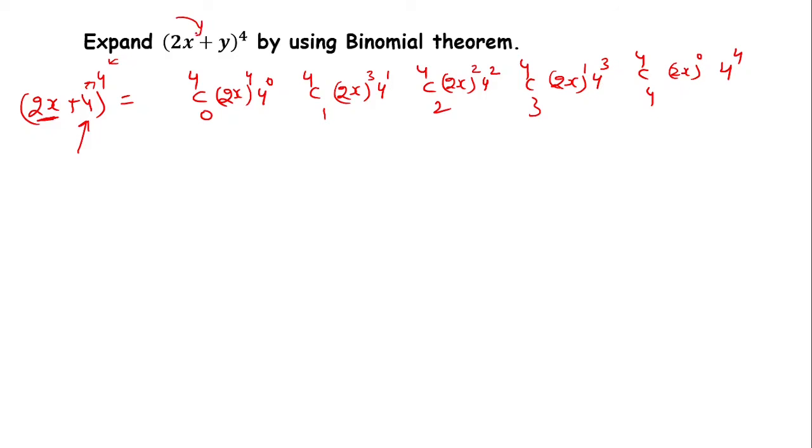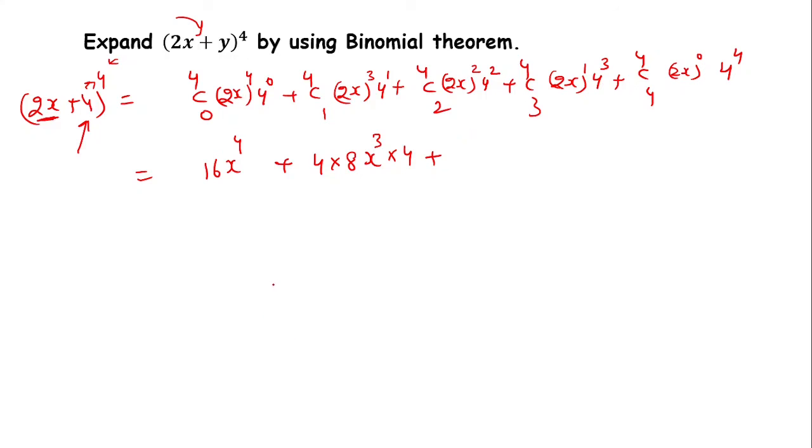Because the sign in between them is positive, all terms will be positive. 4c0 is 1, my dear, I already told you. 2 power 4 is 16 x power 4. 4 power 0 is 1. 4c1 is 4. 2 power 3 is 8. Then x cube. Then one more 4 is there. 4c2.